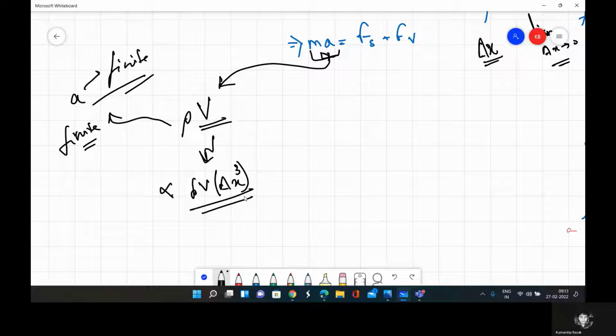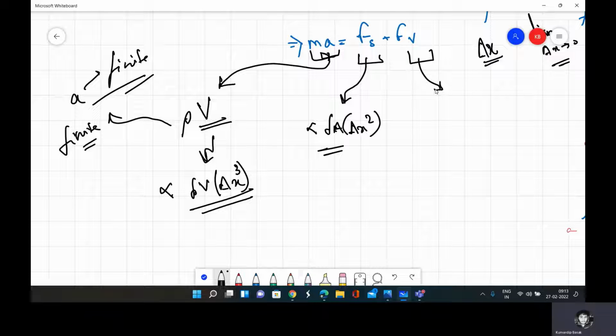So the mass into acceleration whole will be of order delta x cube. What about the surface force? It is acting on a surface, so surface force will be proportional to a surface element, that is delta x square, and the volume forces are again proportional to my volume, so again proportional to some volume element, that is delta x cube in the order.